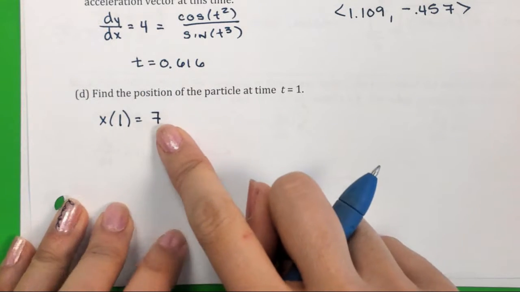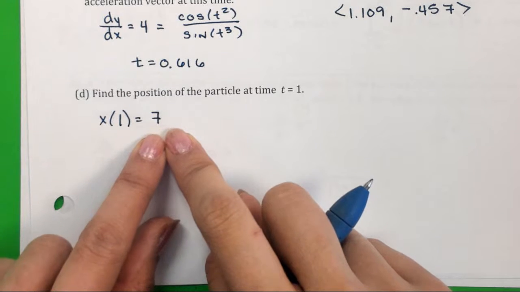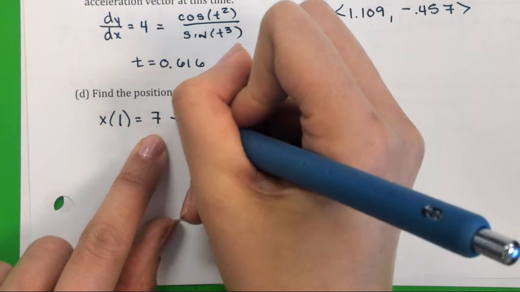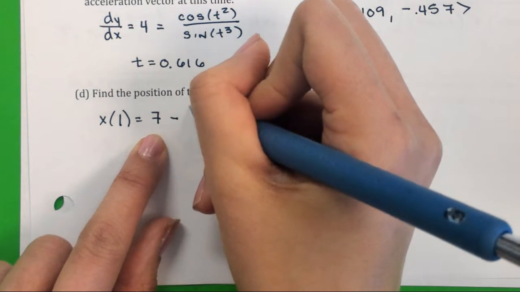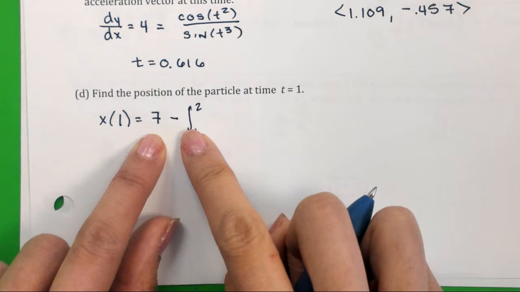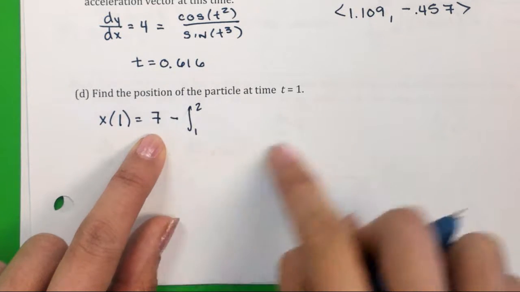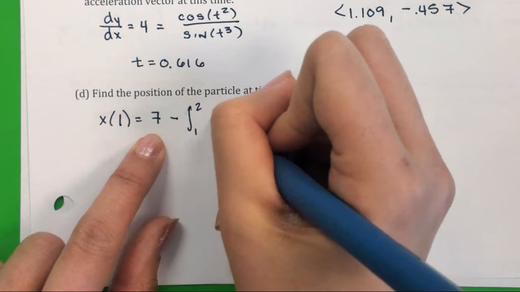So I start with my position at 2, and then what do? Subtract the integral from 1 to 2, the change in my position from 1 to 2, because you can do bounded integrals.